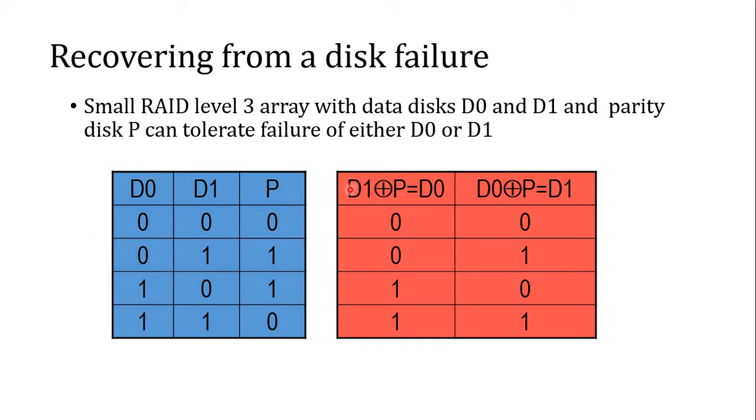If you XOR D1 with the parity P, you will get the original data of D0. Similarly, if you XOR D0 with P, you will get the data of D1. This is how you can build a disk failure recovery system.